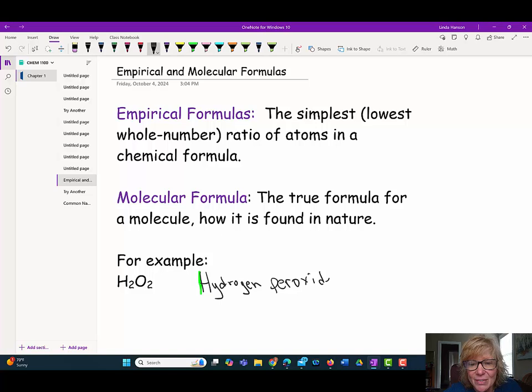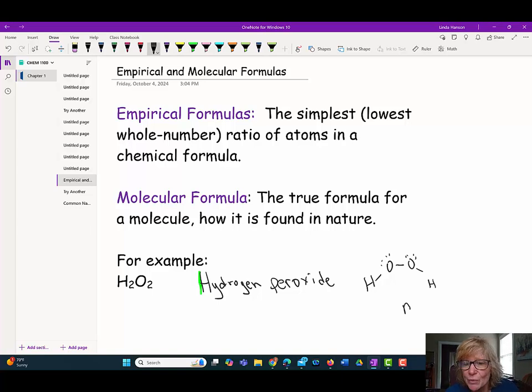You probably have this in your medicine cabinet at home. You put it on an injury and it starts to bubble oxygen and kind of clear out any bacteria and so forth. H2O2 is an example of a molecular compound that we find in nature connecting two oxygens and two hydrogens in this particular bonding order.